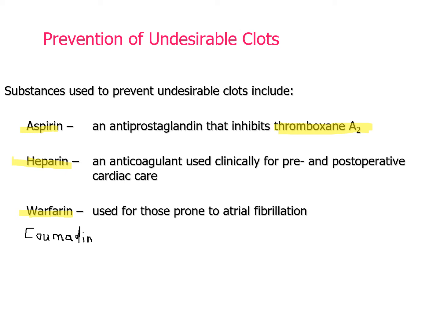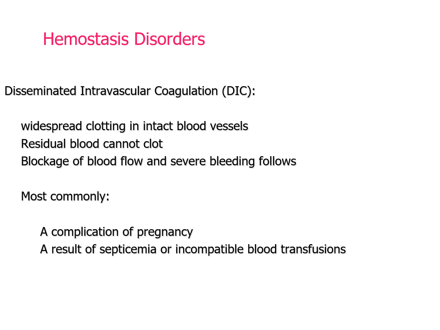It's a constant battle to prevent any serious or inappropriate blood loss, and platelets and the coagulation cascade all prevent that. But sometimes they're too active, and people need to be treated with anticoagulant therapy to prevent inappropriate, undesirable clot formation.